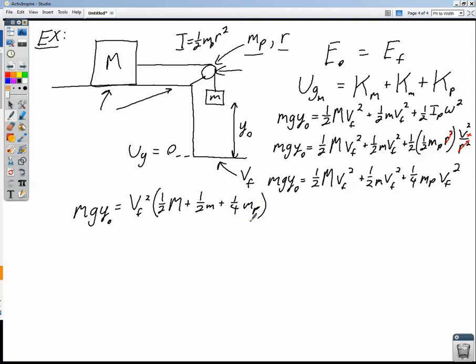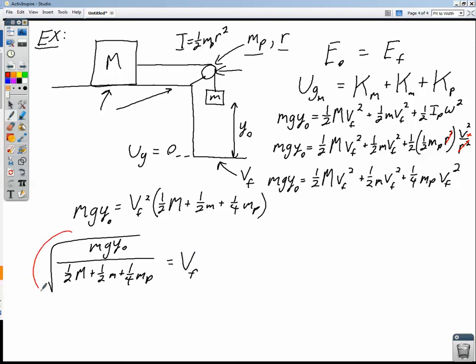Dividing both sides by the stuff in the parentheses and taking the square root, we've got our original gravitational potential divided by an expression that deals with the mass of the system. And take the square root. There's the final velocity. No, it's not pretty, but algebraically it wasn't that difficult.